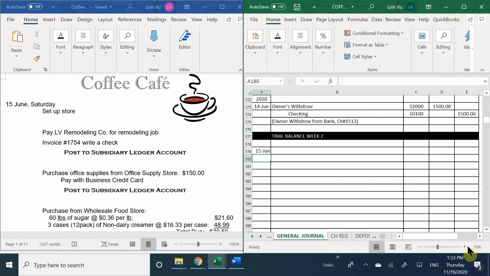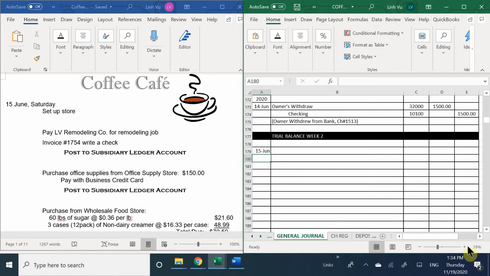Yeah. So we've already acknowledged that the job has been done. This transaction here, what are you doing? Paying the vendor. Paying LV remodeling. Is that in an account that exists in your chart of accounts? No. That is the subcontractor.